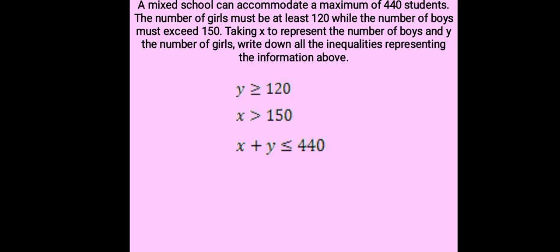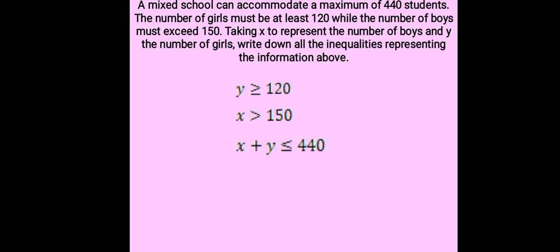Now, we have the number of girls must be at least 120. So here it means that the number of girls must be greater than or equal to 120. So you can see the first inequality shows that Y must be greater than or equal to 120. It cannot go below that.